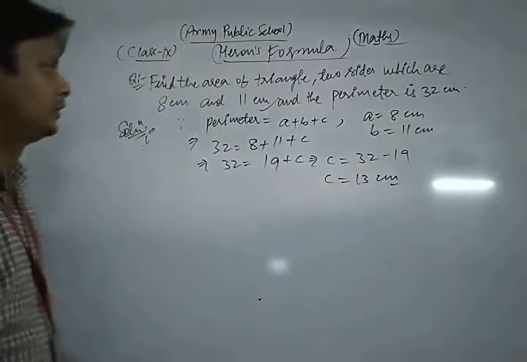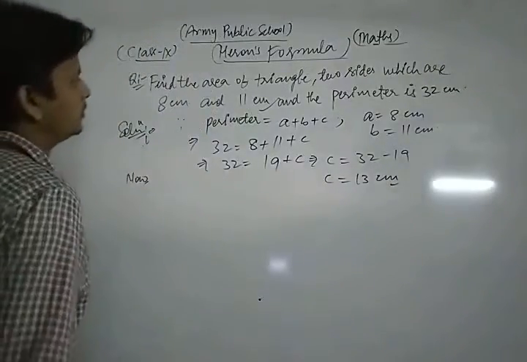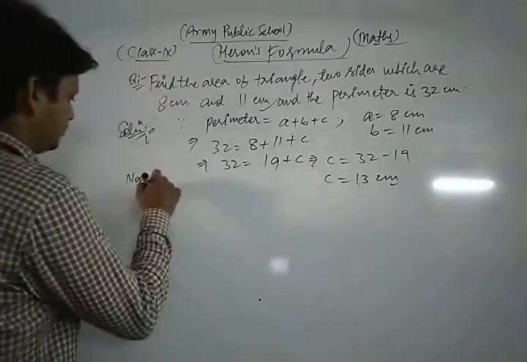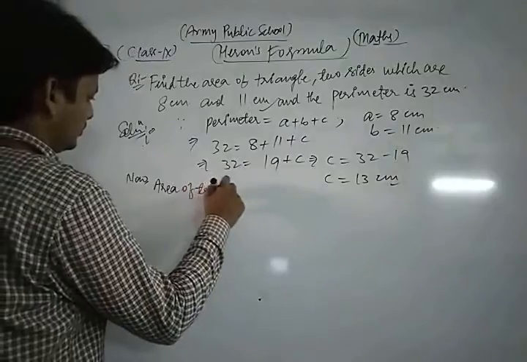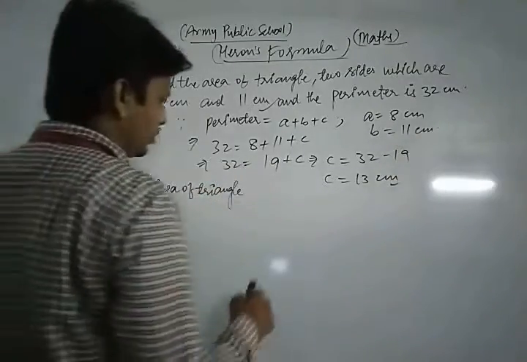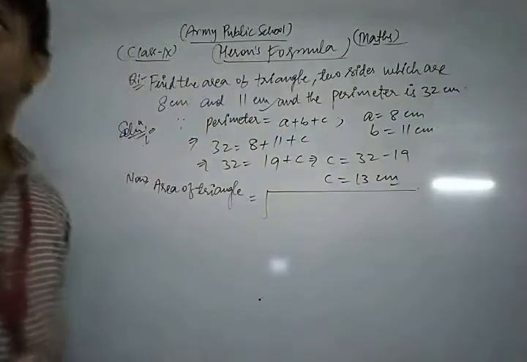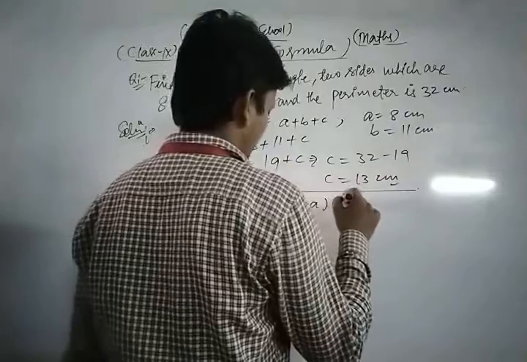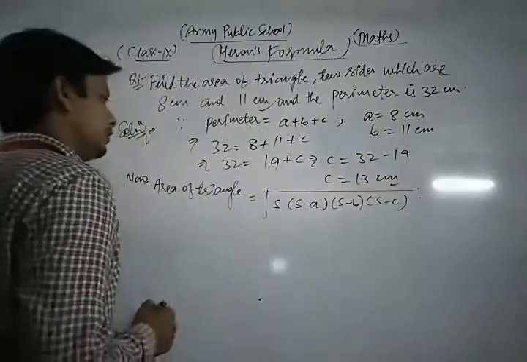Now the area of the triangle is equal to the square root of s into s minus a, s minus b and s minus c respectively.